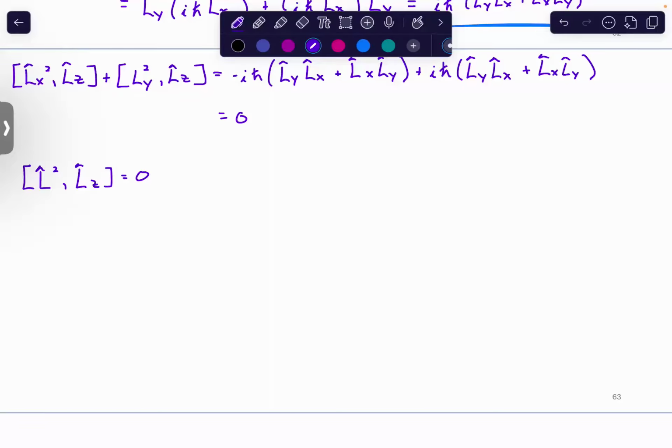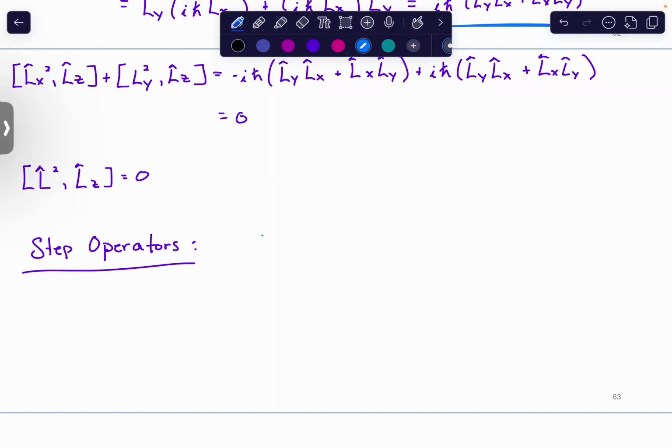Okay. So one of them, let's just do both of them. Step operators.